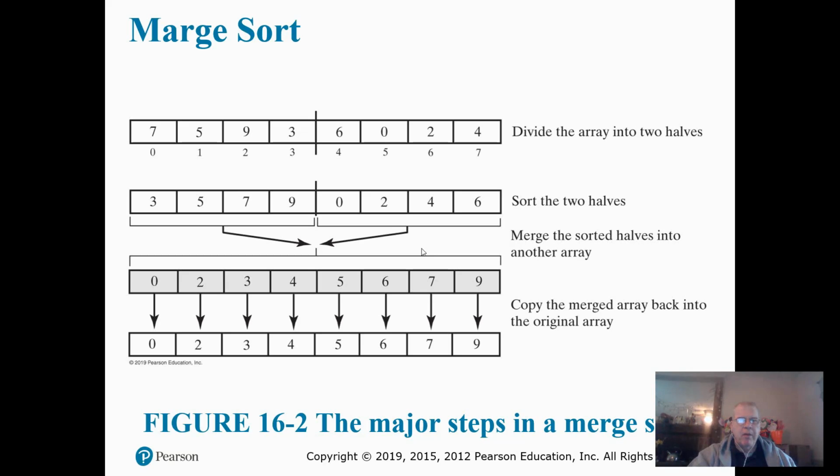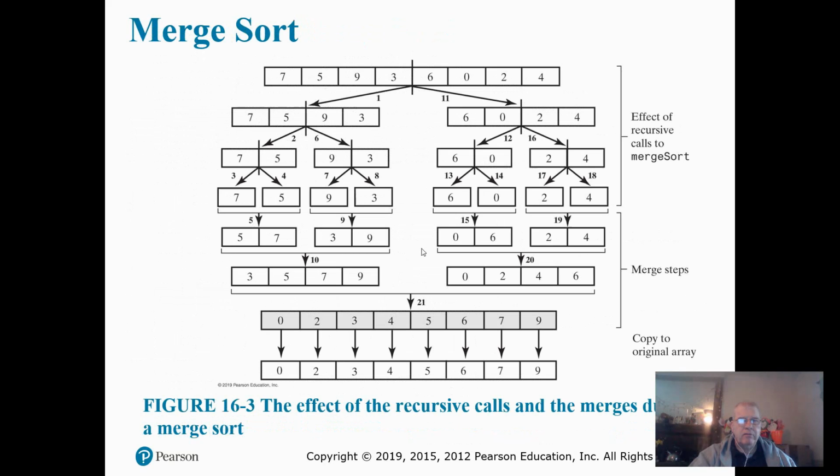And so you sort that by merge sort, which is just to return the values. And then you look at merging the single element lists into elements of 2 that are sorted. And then you merge that into elements of 4 and so forth.